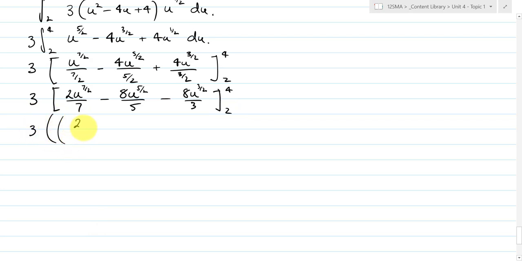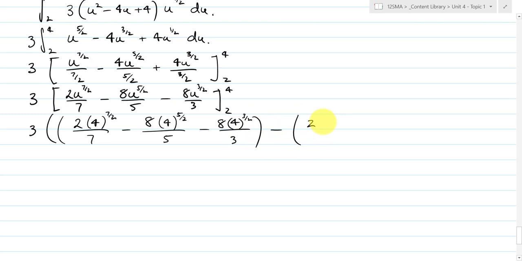I'll use the double brackets. 2 times 4 to the 7 over 2 over 7, minus 8 times 4 to the 5 over 2 over 5, plus 8 times 4 to the 3 over 2 over 3, minus 2 times 2 to the power of 7 over 2 over 7, minus 8 times 2 to the 5 over 2 over 5, and oh, I've changed that plus into a minus, that should be a plus 8 times 2 to the 3 over 2 over 3. Very common mistake that, by the way, so just be careful.